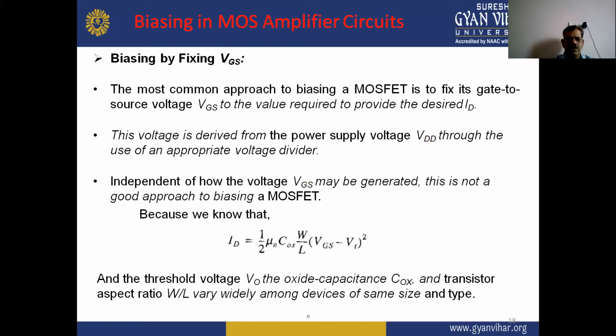So this is not a good approach to biasing a MOSFET, because we know that the drain current ID equals 1/2 mu n COX W/L into (VGS minus VT) whole squared, and the threshold voltage VT, the oxide capacitance COX, and the transistor aspect ratio W/L vary widely among devices of the same size and type.